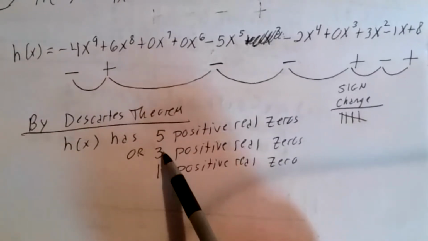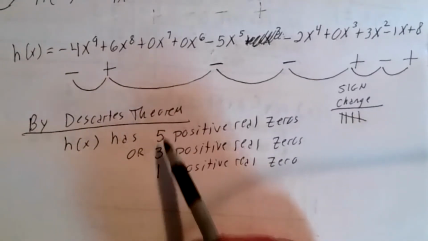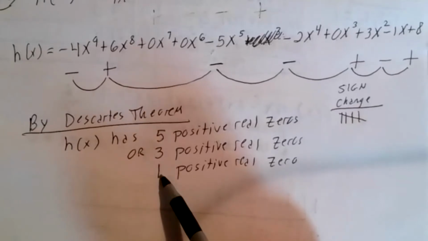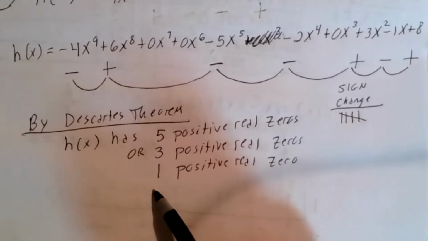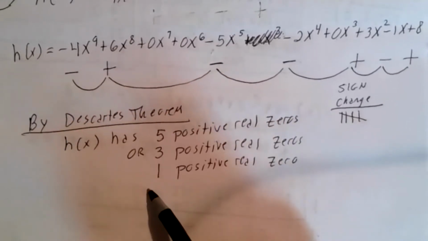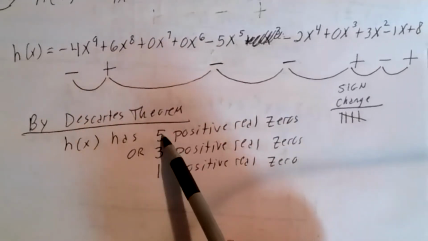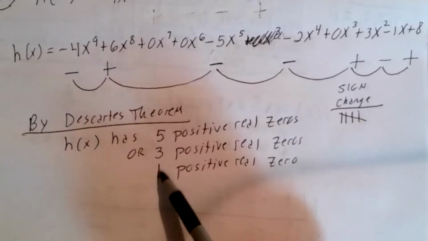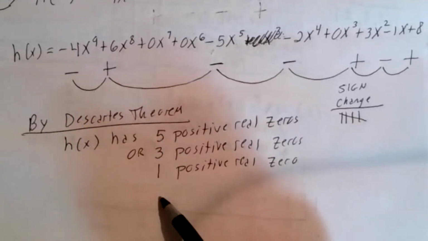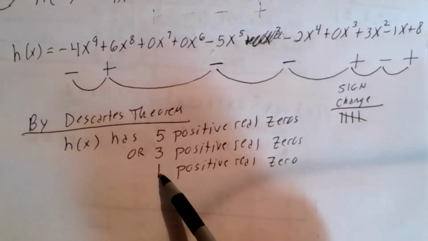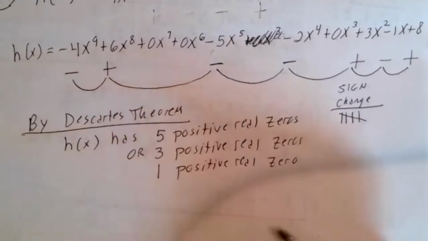So notice you always decrease this by a positive integer. So 5 minus 2 gives you this possibility, or 5 minus 4 gives you the next possibility. Once you get down to 0, ladies and gentlemen, or go below 0, you never include any negative possible number of positive or negative zeros. There's no such thing as a negative 2 number of positive real zeros. So you keep taking this number down by an even integer, down by 2 first, then down by 4, then down by 6, down by 8, whatever, until you get down to 1, or you get down to 0, and then you stop.